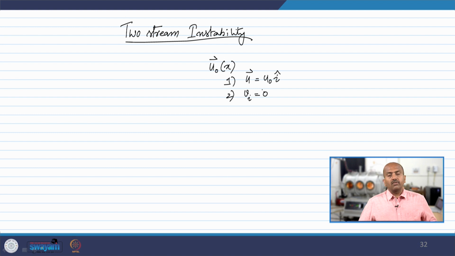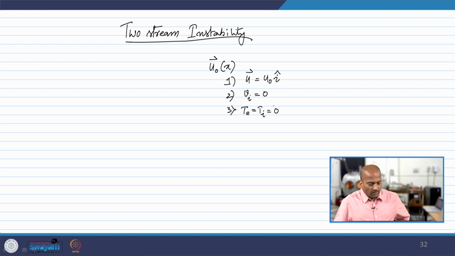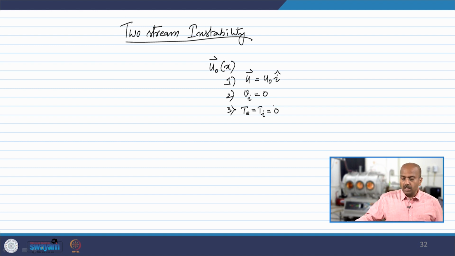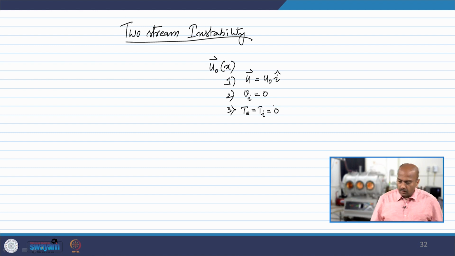So, where do we start? We start with the fluid equations, and for simplicity we will also assume that for both the fluids Te and Ti are equal to 0. It is the classic case of cold plasma. So, we will start with the linearized governing equations and we will try to couple these equations to get a solution. Okay. So, the linearized equations, these are something that I have done multiple times. So, I take the liberty and I will directly write the linearized equations, but you must remember the process.